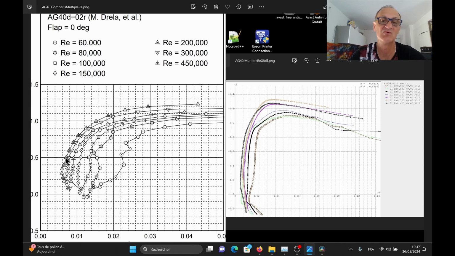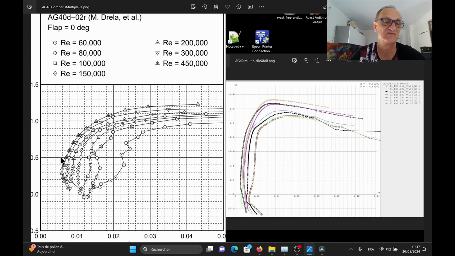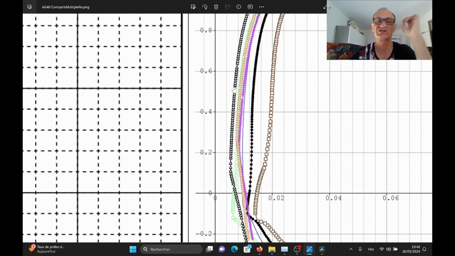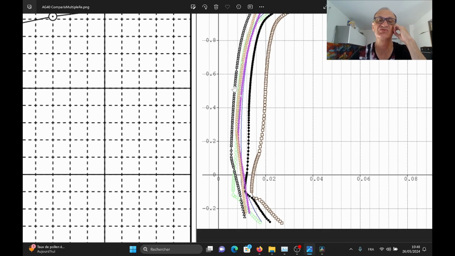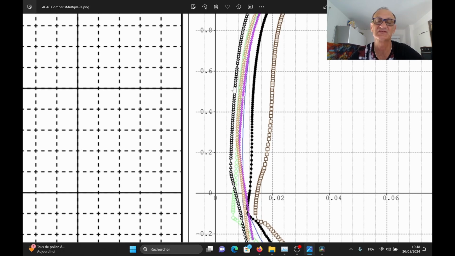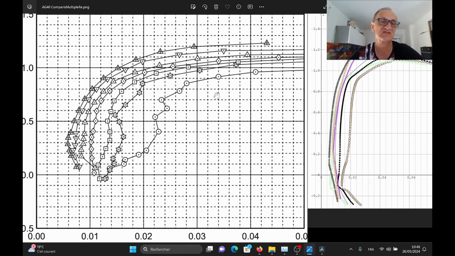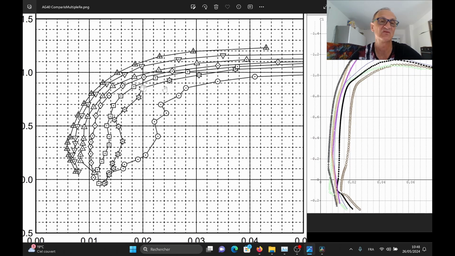If we look at the lift and the drag at 0.5 of lift, we have a drag of 0.007, and it matches the Xfoil prediction. We don't have enough grid lines on the graph to determine the last decimal, but it looks like the same, 0.007 of drag.